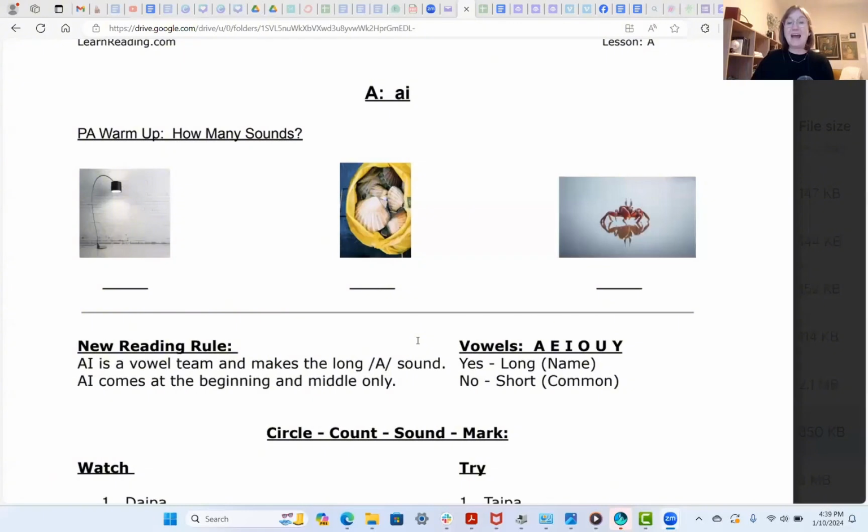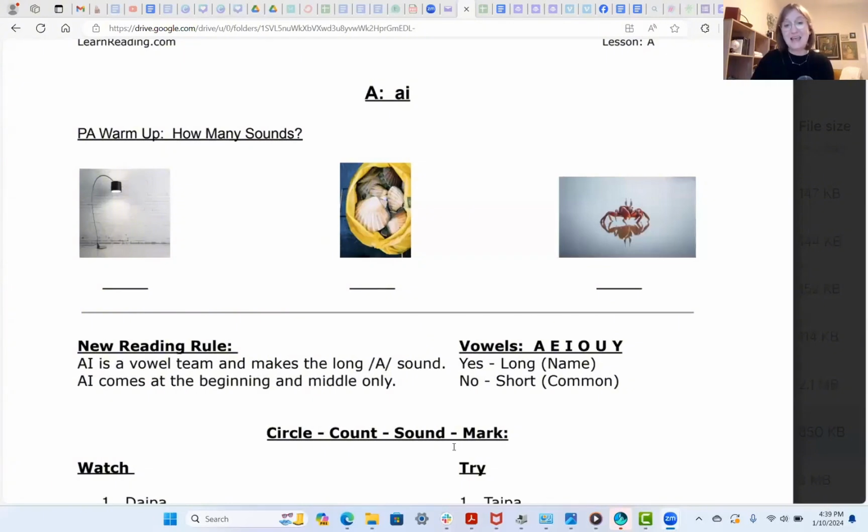Every single person would blend the k and r together because an R is really hard to pull off of the sound of a consonant before it. So well done for separating that from the k. So the sounds in crab are k, r, a, b. Beautiful. Wonderful work. Okay, so today we are working on the AI grapheme.